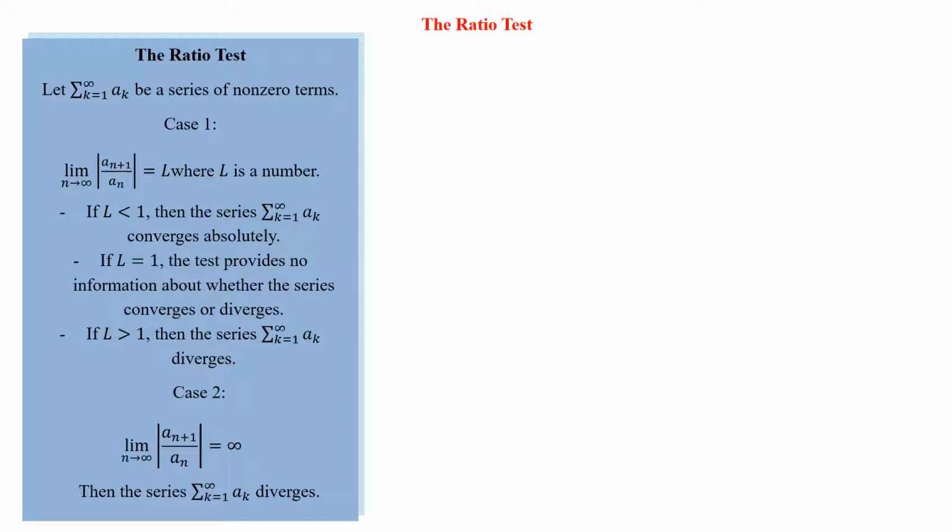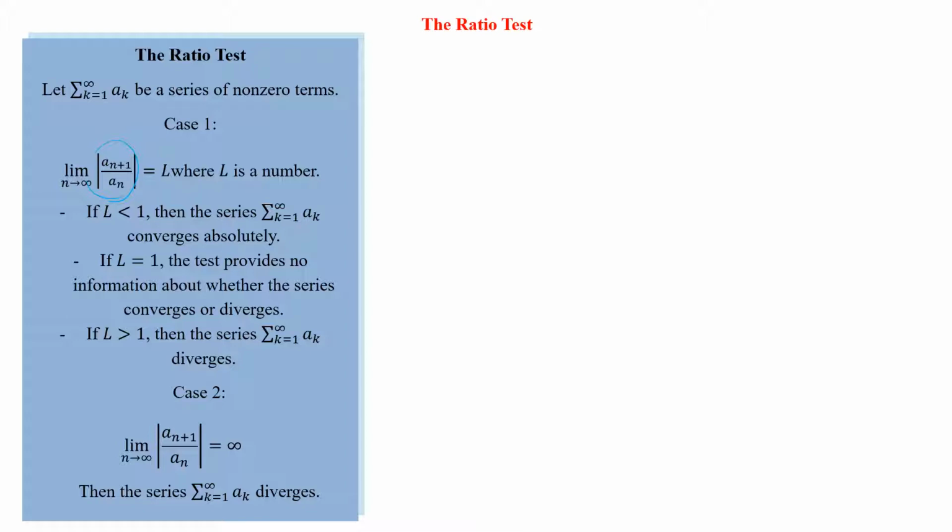So non-zero could be positive, could be negative. If we take the limit of the ratio of terms, the term divided by the previous term, the limit as n goes to infinity of that equals L, which is just a number.